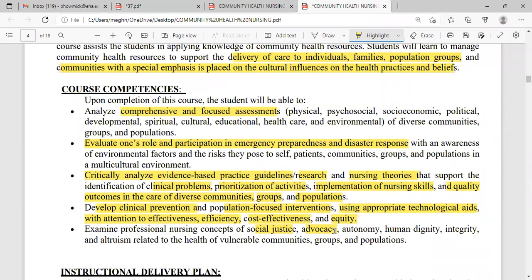You can explain everything, good or bad, but don't be biased. Don't put your personal opinion, right? Same thing, autonomy, never harmful, do good, dignity, integrity, right? Related to the health of vulnerable communities, groups, and populations.